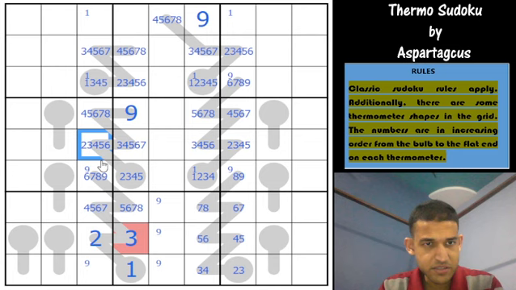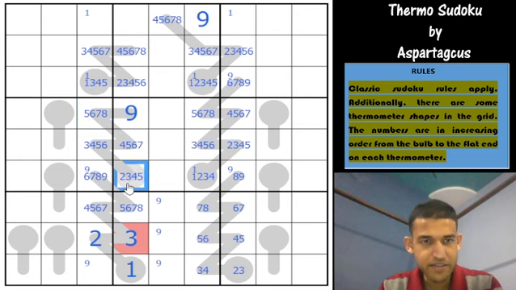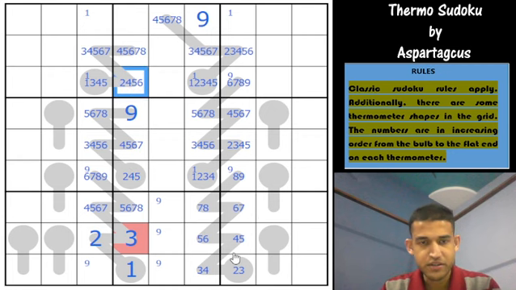Okay, any other cell? This is not a 2, and because this is minimum 3, this would be minimum 4, this would be minimum 5, and that 3 removes the 3 from here. That becomes 2 4 5. This is also removing the 3 from here, right?